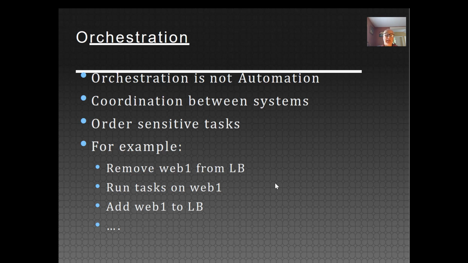So that's the whole idea of provisioning. Now, orchestration is not the same as automation. What it is, it's a way to coordinate between systems. So, for example, if we want to remove Web 1 from the load balancer, we want to run tasks on Web 1 and then add Web 1 back to the load balancer. So what we're doing is we're saying we've got a load balancer out in front of some web servers.